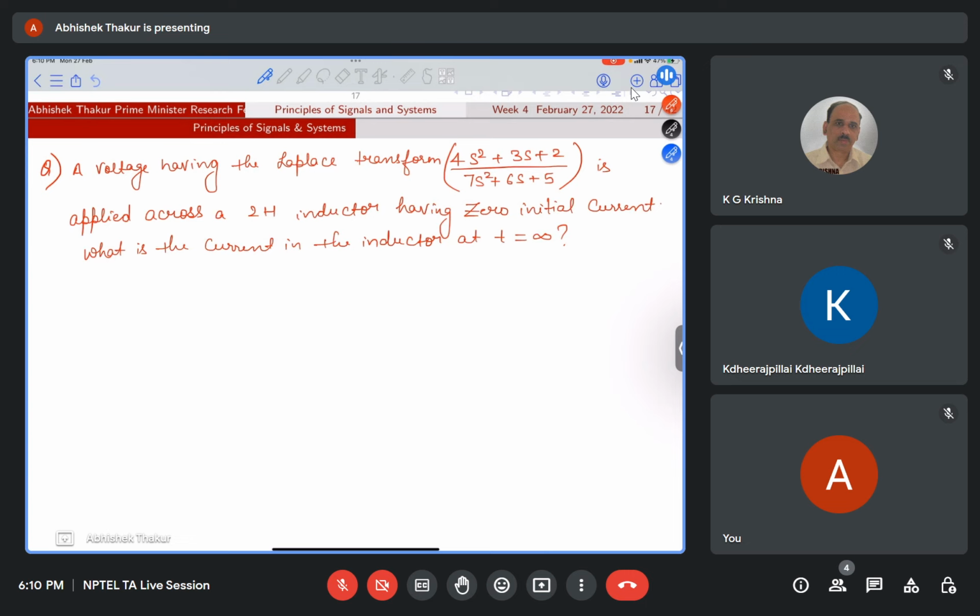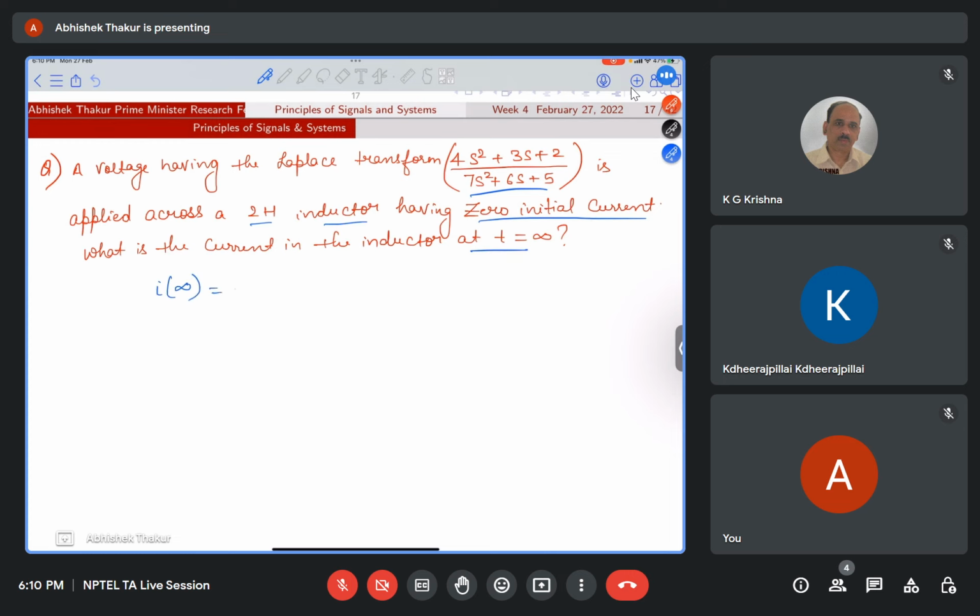In this question, a voltage has the Laplace transform given as this, and it is applied across a 2 Henry inductor having zero initial current. What is the current in the inductor at t equal to infinity? So we have to find I at infinity.